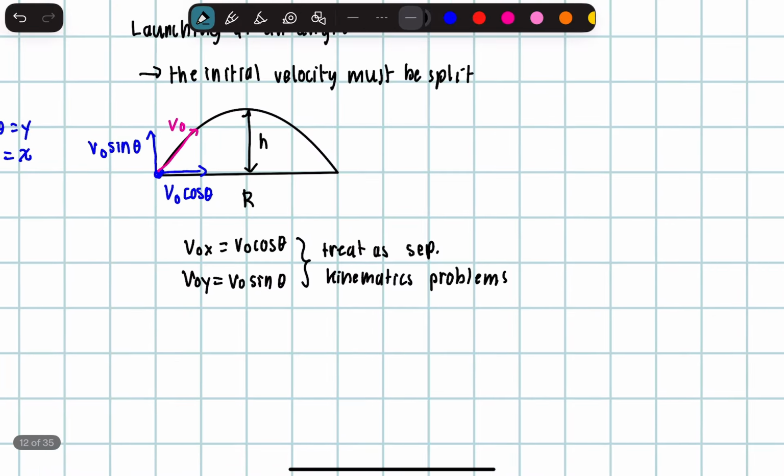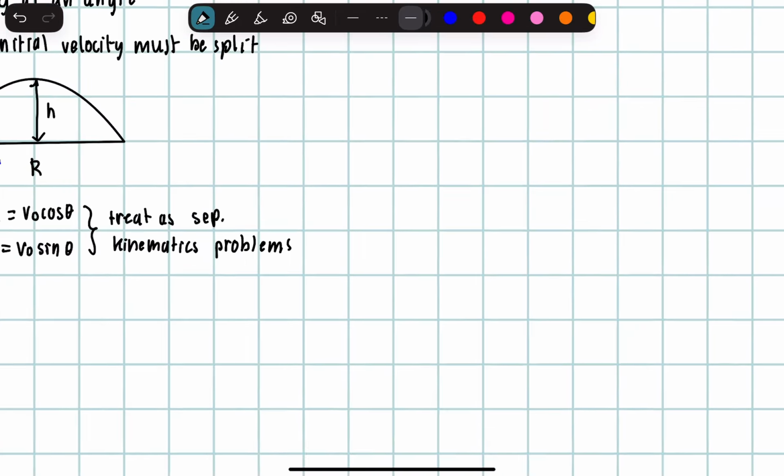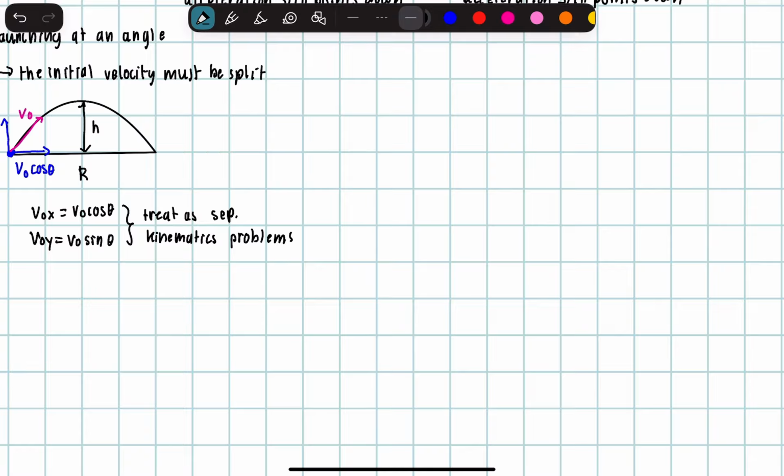Now, some golden rules that you should remember when you're dealing with these problems are that the time is the same in x and y. It's intuitive, but it's something that a lot of people forget.